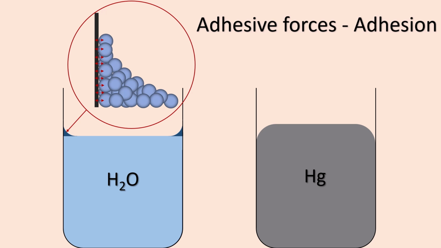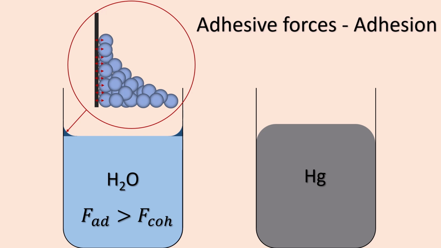In the case of water in glass, the adhesive forces between water and glass are stronger than the cohesive forces between water molecules. Therefore, in an attempt to establish a more direct contact with glass molecules, water molecules begin to climb up the glass.